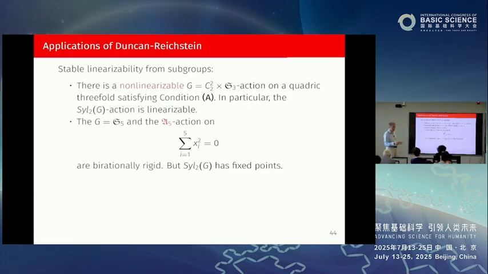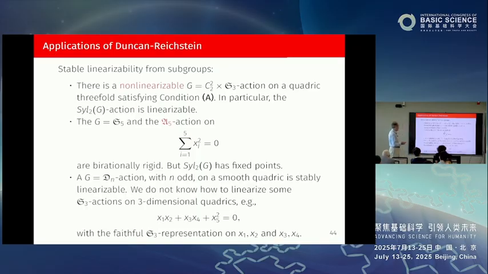Here's another example. So you see, you get plenty of such examples over BG. How about the dihedral group for n odd? Well, for n odd, of course, the 2-Sylow subgroup, clearly there are fixed points, so for the 2-Sylow subgroup it's linearizable, therefore stably linearizable.